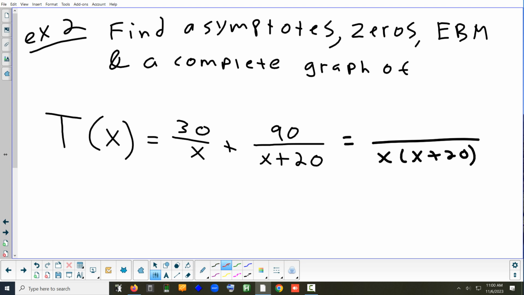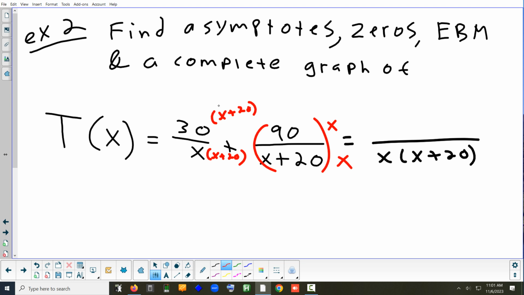What is the fraction on the left missing in the denominator to make it the common denominator? Yeah, it's missing the x plus 20. So we're going to multiply by x plus 20 over x plus 20. And what's the fraction on the right missing? That denominator is the common denominator. Yeah, it's missing an x.